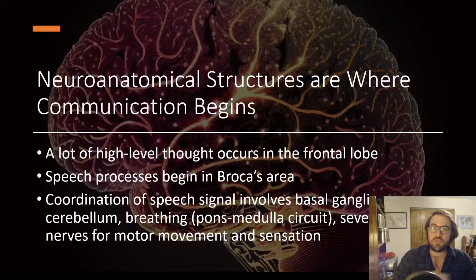Both motor movement messages to come out to actually make the sound, and also sensory messages to be able to correct flubs on the fly. So there's a feedback loop between the two. That's all neuro. That's why we've started at neuro.